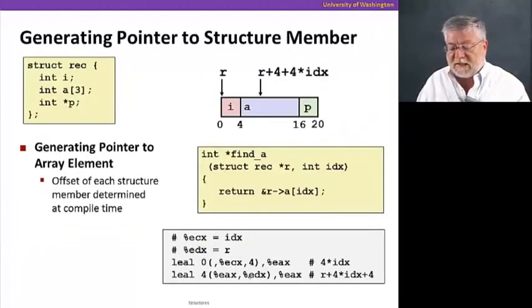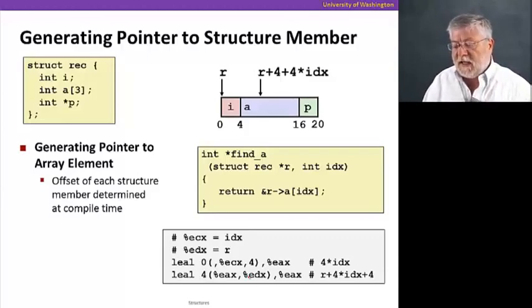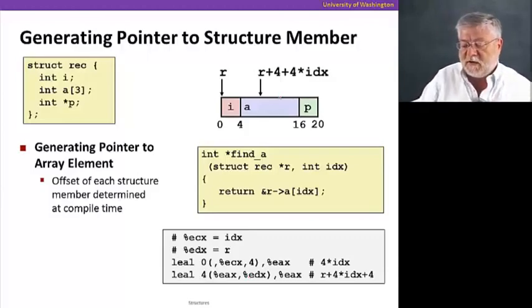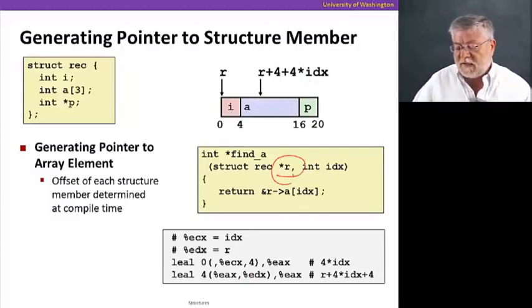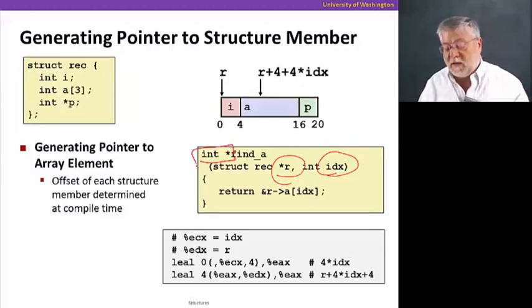Okay, so let's take a look at a slightly more complex case, generating a pointer to one of those elements of that array inside of the struct. So in this case, what we would like to do is find the particular element that we're interested in by providing an index. So we're going to provide a pointer to the struct and then an index into the array. And in this case, what we want to return is a pointer to that integer element.